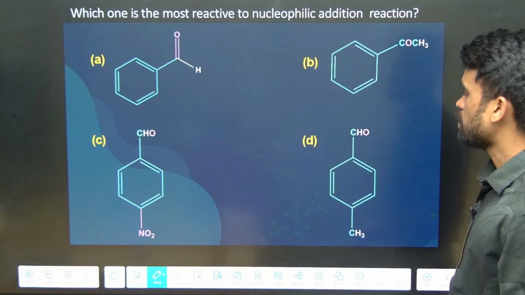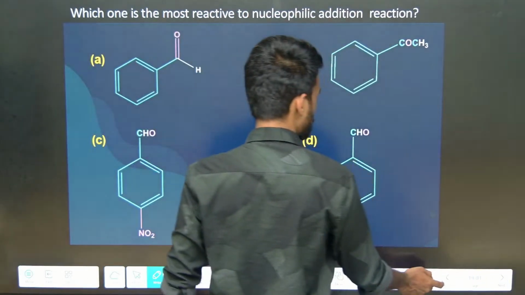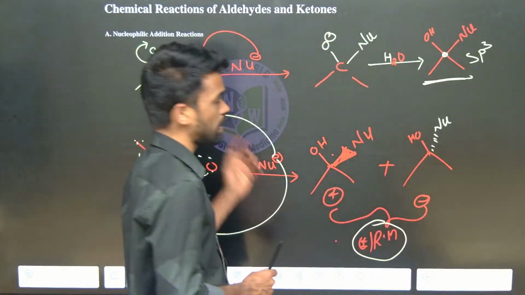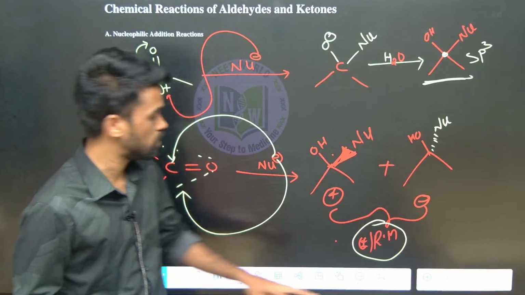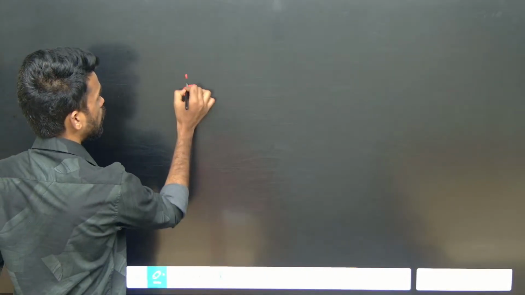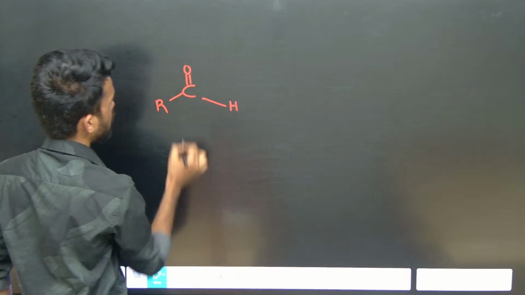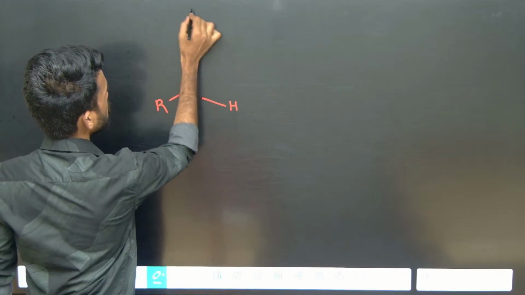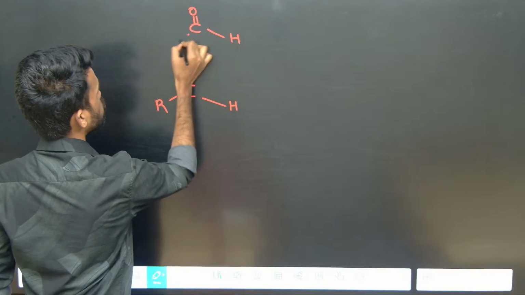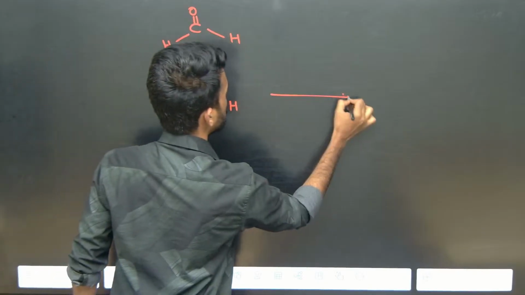In the previous slide I explained that a nucleophile can attack the carbonyl group carbon. Now I will give you one simple way to understand the reactivity order. I have R and H, and another carbonyl group where both are small hydrogens only, and we are taking a nucleophile.